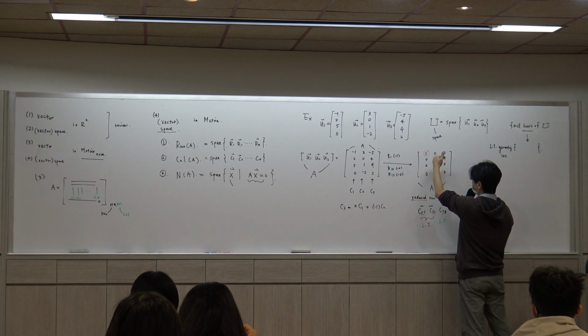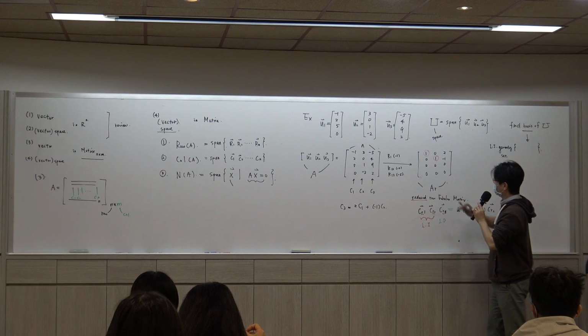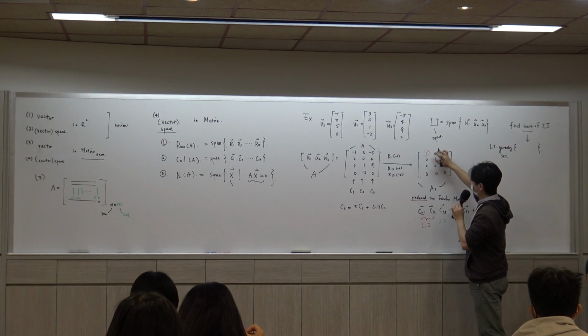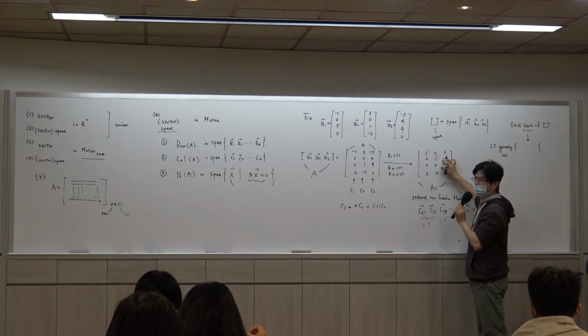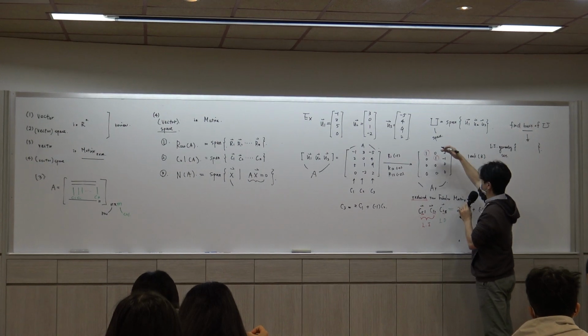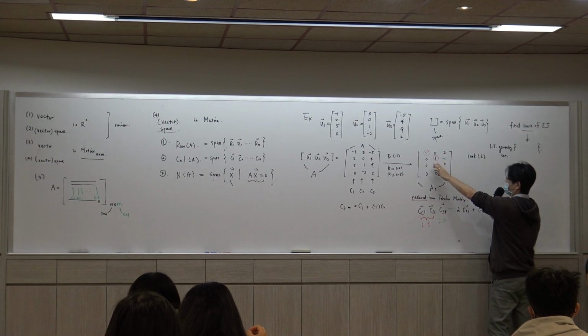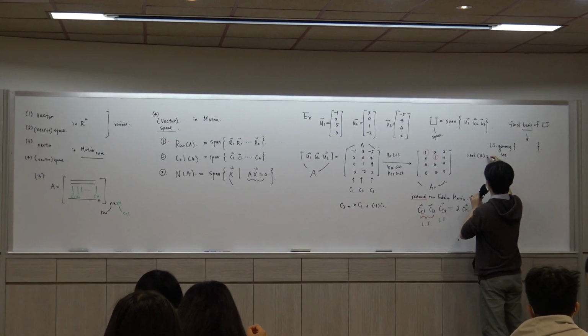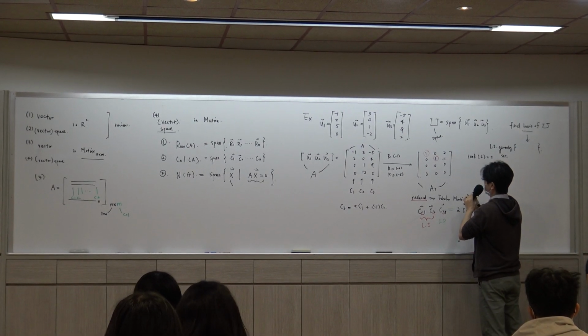rows or columns, right? Because for example, here we have 2 pivots. So the rank of the row equals 2, right?